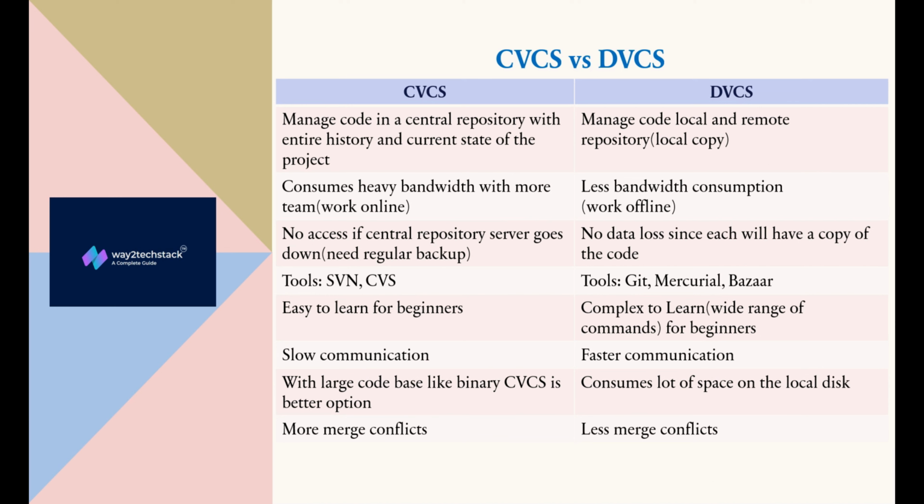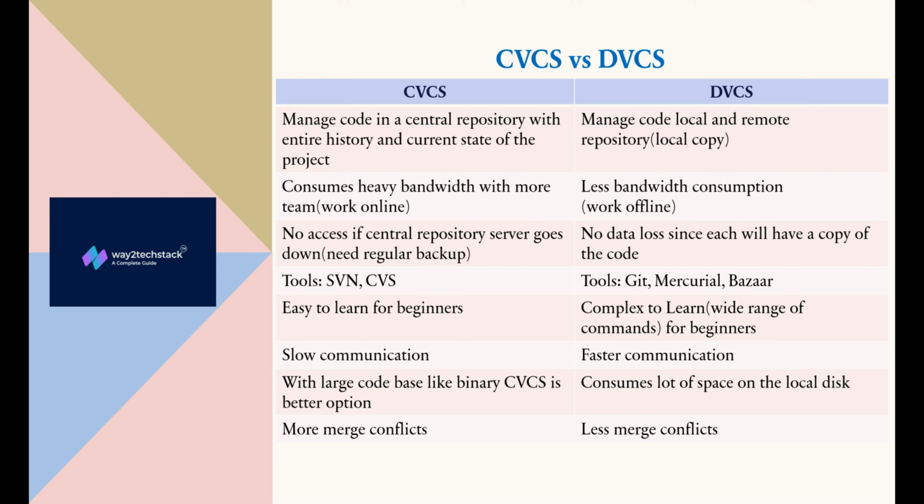Slow in communication and faster in communication, as we discussed. If your bandwidth is not properly utilized, then that will affect your commits and updates on CVCS, which will slow down the communication. Whereas in DVCS, the communication is much faster between the local repository and the remote repository for a push or a pull.